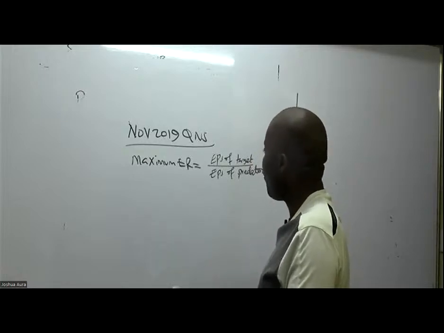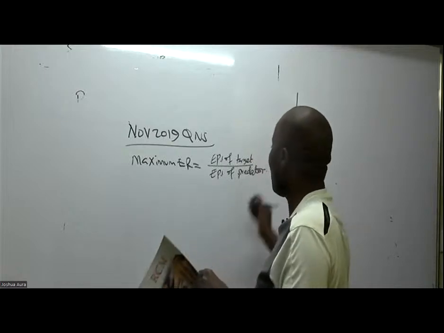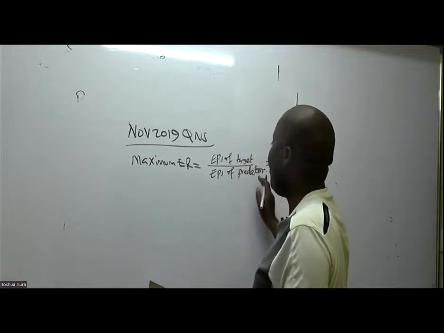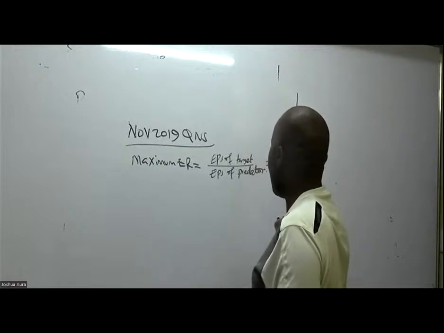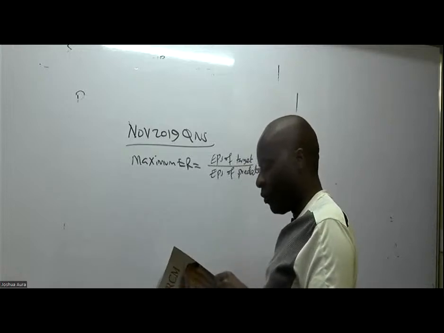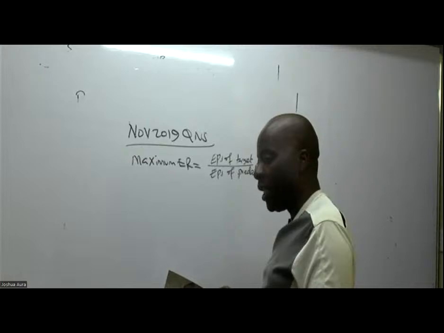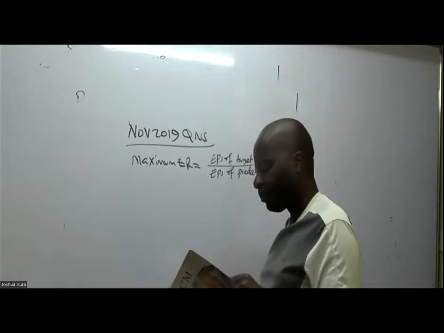EPS of the target company, so this is B, and you can see B's EPS is 3. And A's EPS is 4. So that is very correct. Thank you so much. 3 over 4. And we prefer leaving our exchange ratios in form of fractions like that.